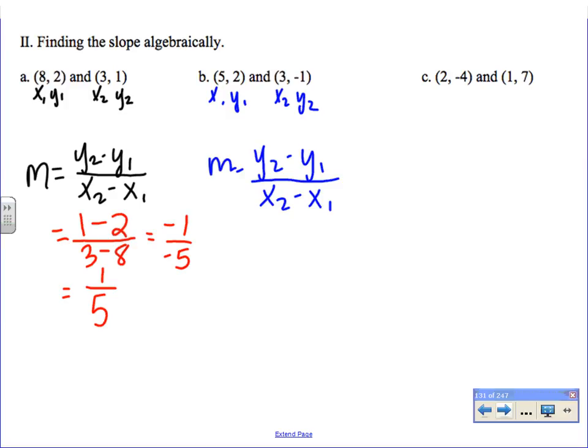Make sure you're doing y's on the top and x's on the bottom. I see some people putting x's on top.